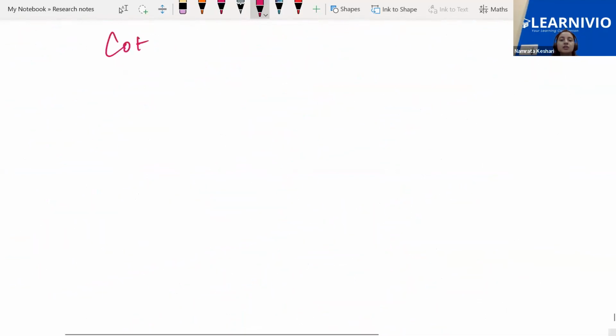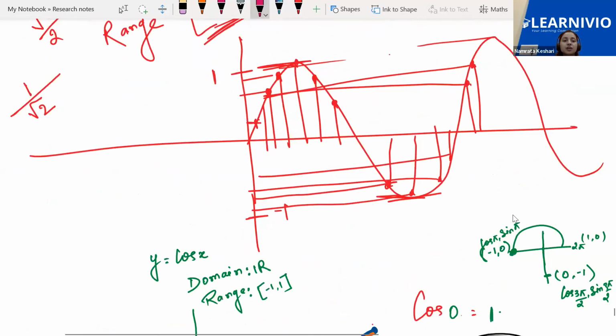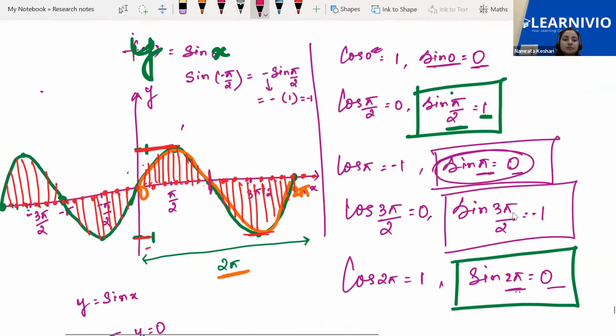Let's quickly cover the cot function now. Cot means cos by sine. Now tell me where exactly sine is 0. Check the graph of sine. Where exactly is the sine's output 0?